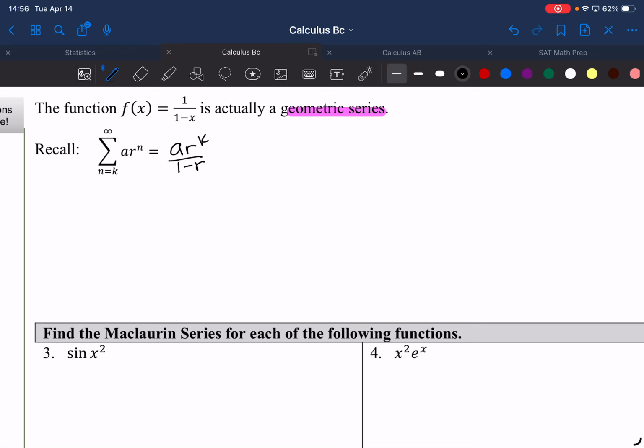Okay, we no longer have on the top the r to the n power, because r to the 0 power would be 1. That's why it's gone.